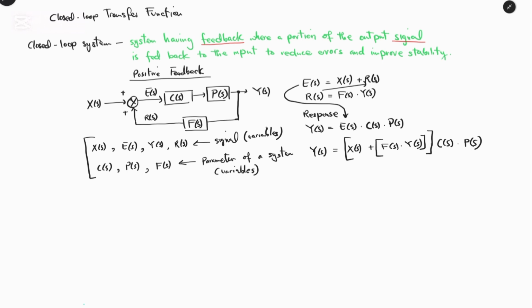So if we now want to multiply the term outside the bracket with the one inside the bracket, we can simply say Y of S is equal to X of S dot C of S dot P of S plus F of S dot Y of S dot C of S dot P of S. The important reason why we want to simplify the response is that if we want to obtain the transfer function, we need the X of S and the Y of S. So this becomes very important because this equation initially doesn't contain the parameters Y of S and X of S separately.